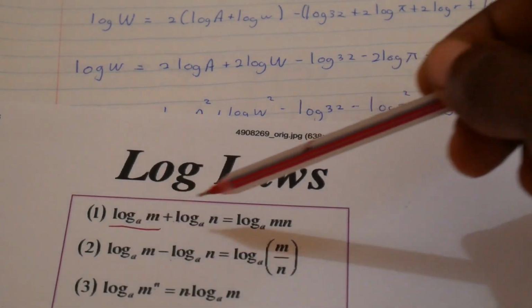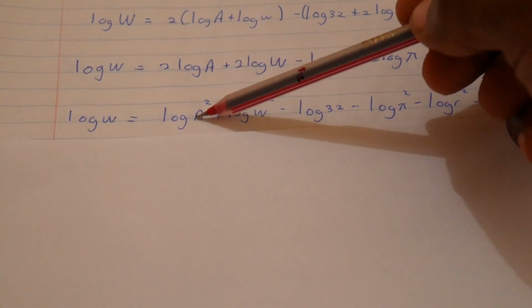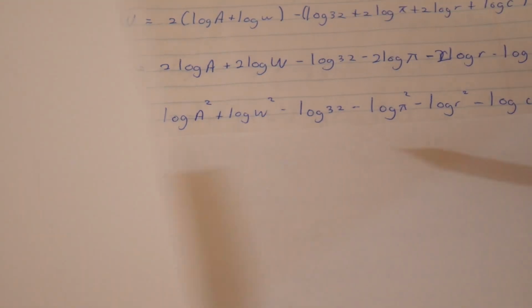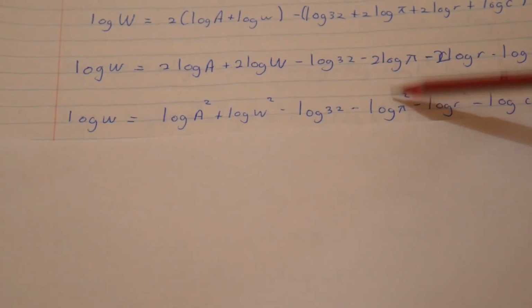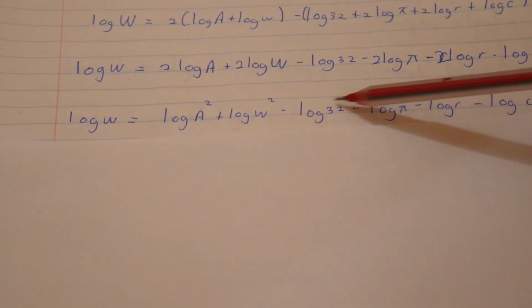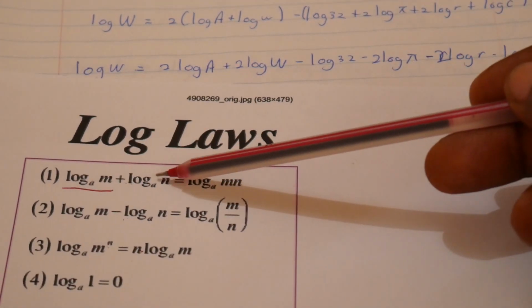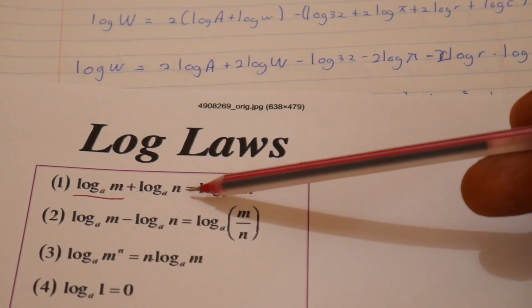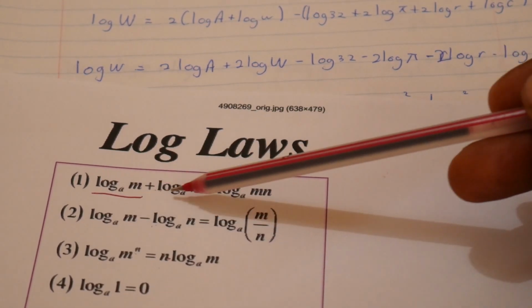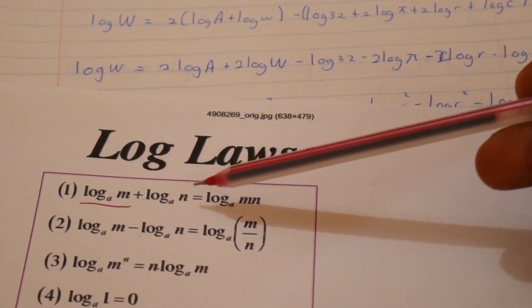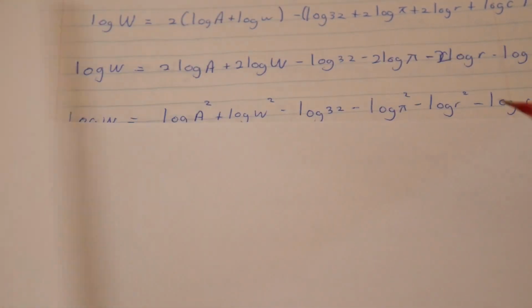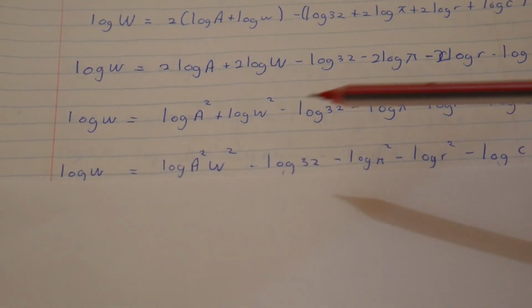Now we will use rule 1 to turn these two expressions into one, because we want to shorten this side of the equation. Remember what's our goal. Part of this rule is if you have log of a number plus log of a next number, being the same base, it is equal to log of the multiplication of those two numbers.